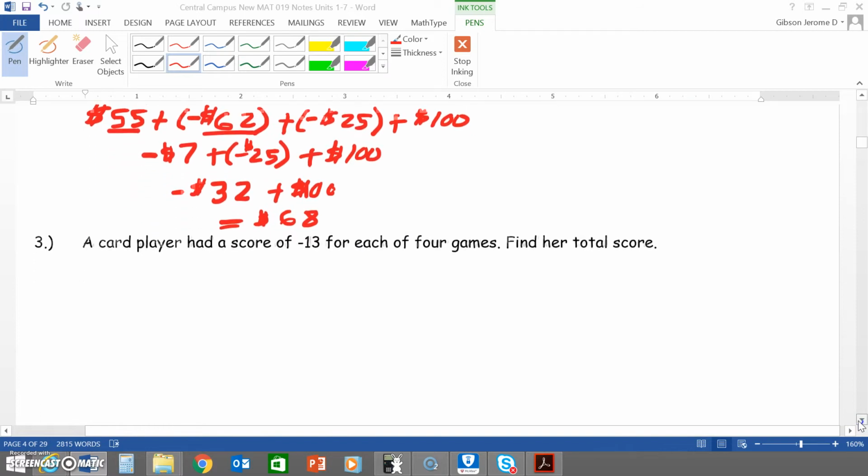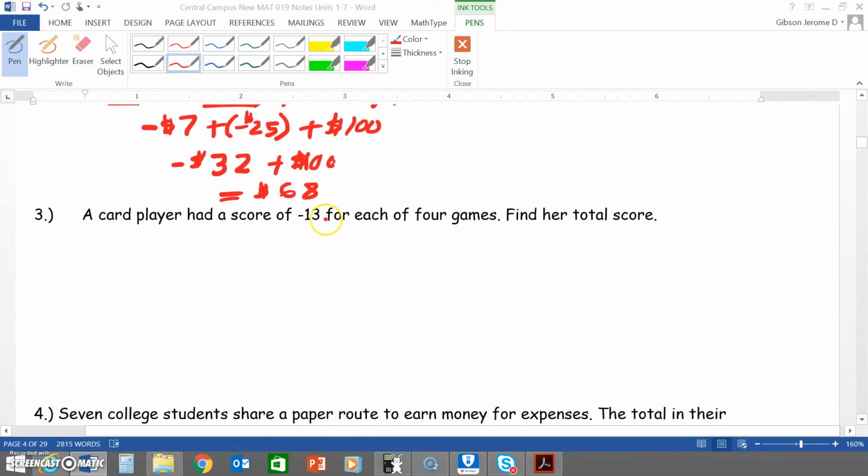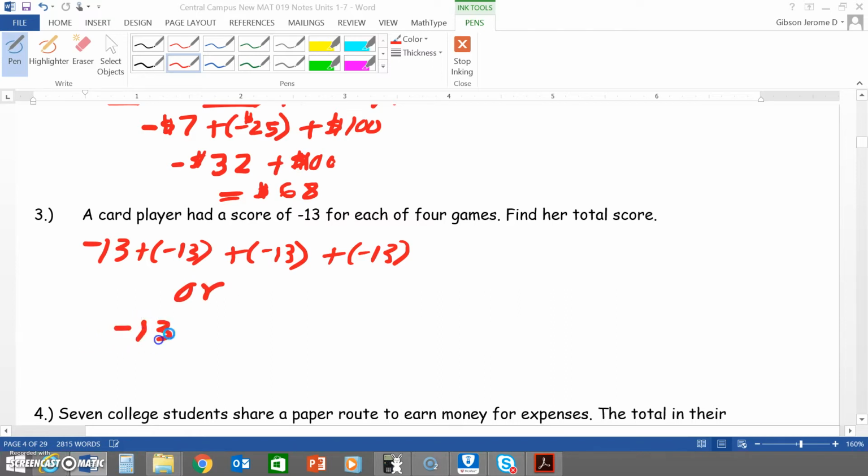Okay, now, it says a card player had a score of a -13 for each of 4 games. Find her total score. Now, we could do this 2 ways. We could say a -13 plus a -13 plus a -13 plus a -13. Or we could do -13 times 4.